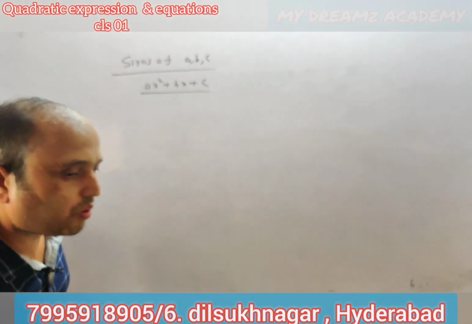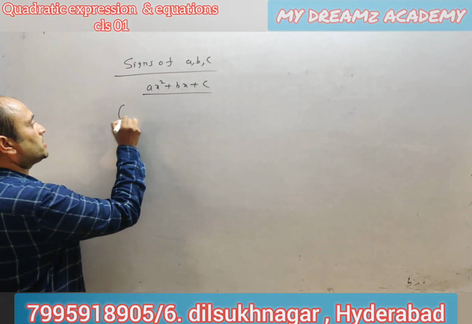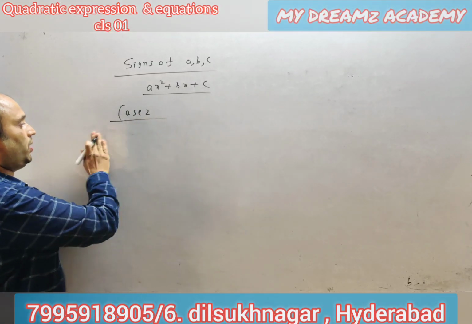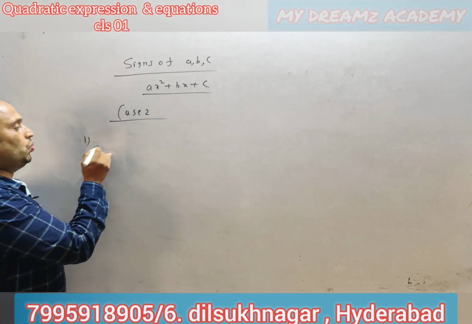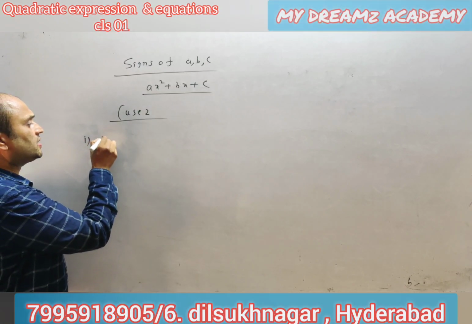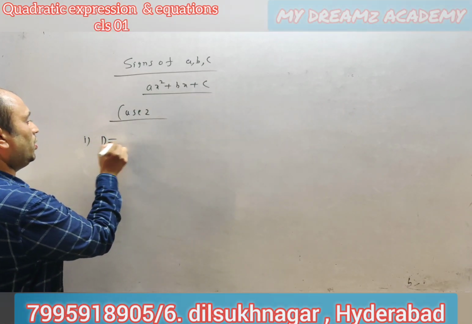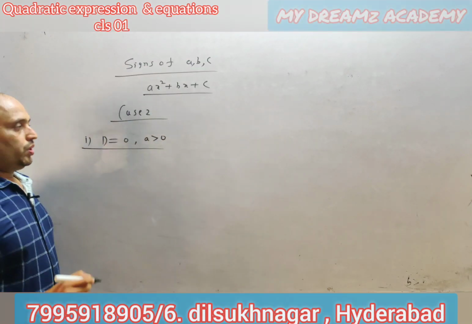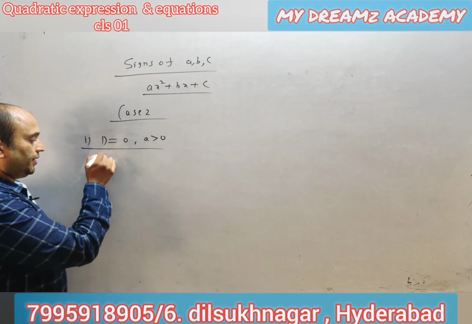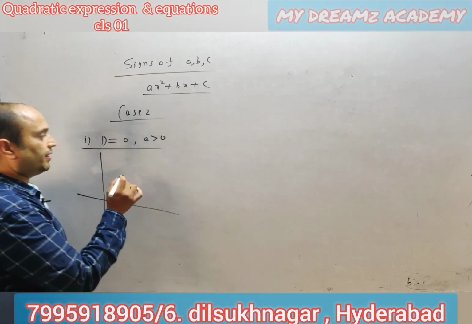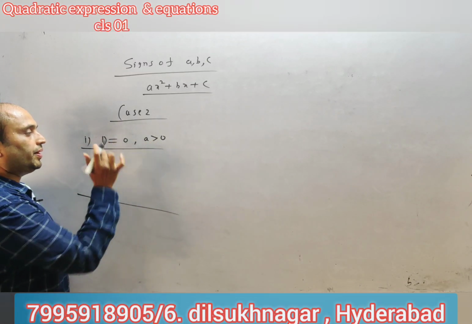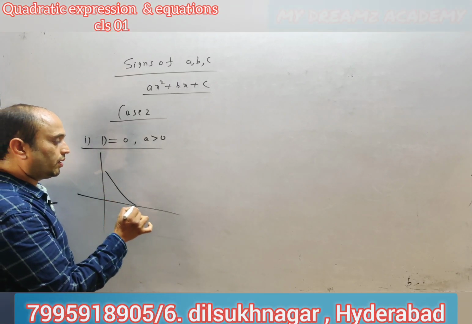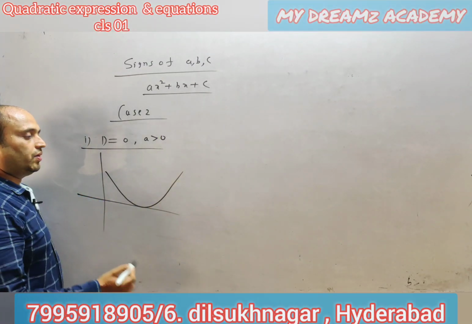I will explain the different signs. Here we know a greater than 0, upward parabola, and discriminant equal to 0, so the roots are equal, so our curve is like this. This is our required curve.